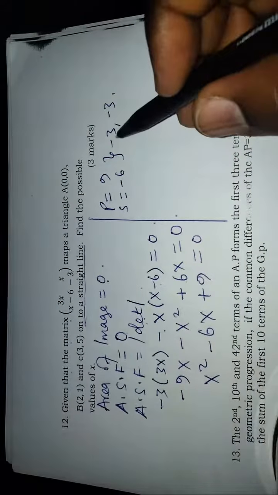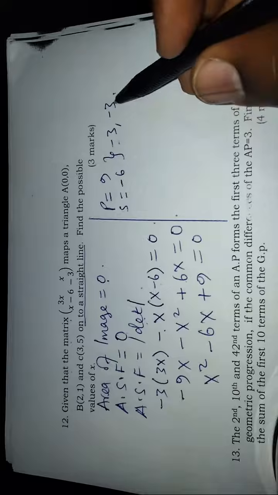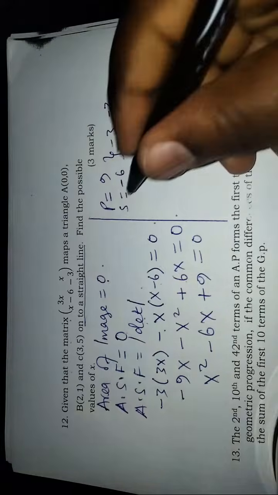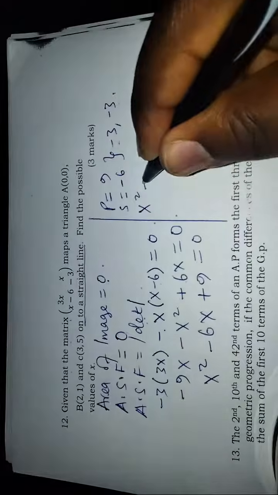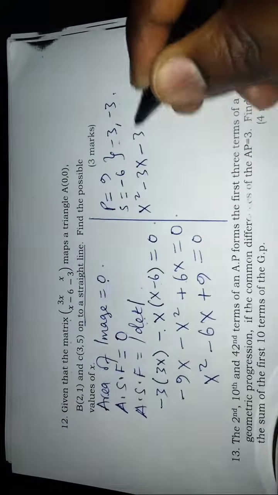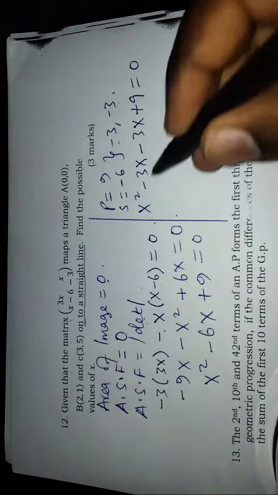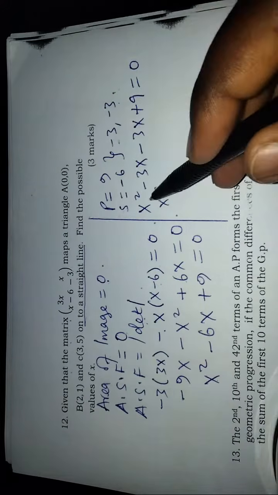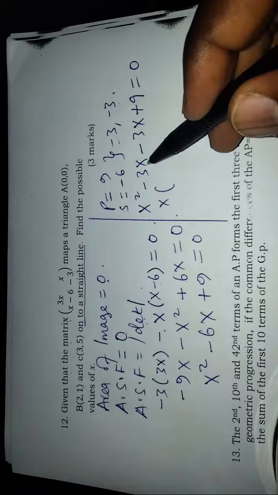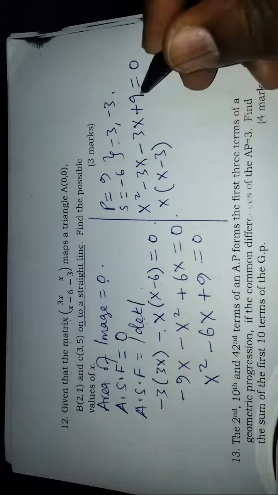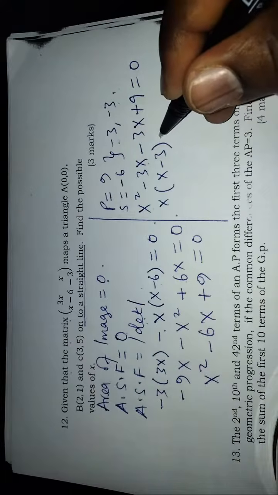Therefore, because the factors are the same here, it means this is what we call a perfect square, whereby the root of x is just 1. Therefore, we'll have x squared minus 3x minus 3x positive 9 equals 0. We factor out whatever is common in any two factors. So this is x. We remain with x minus 3. We factorize negative 3.